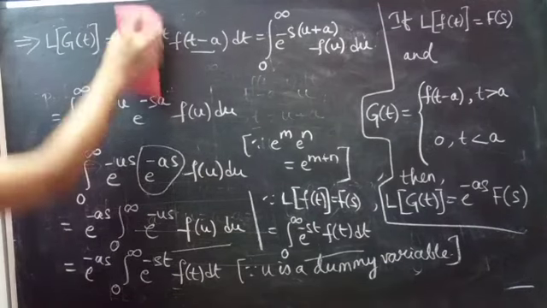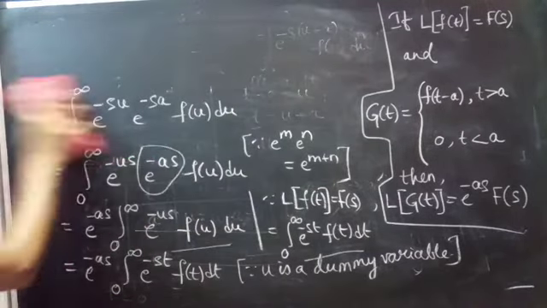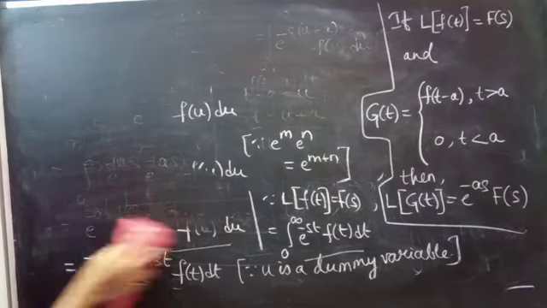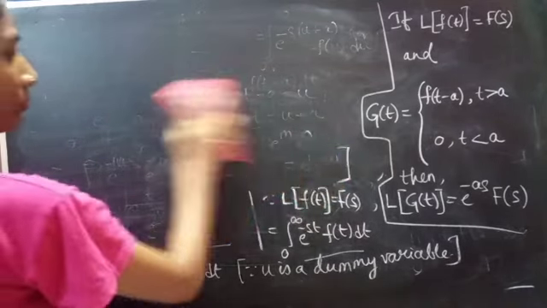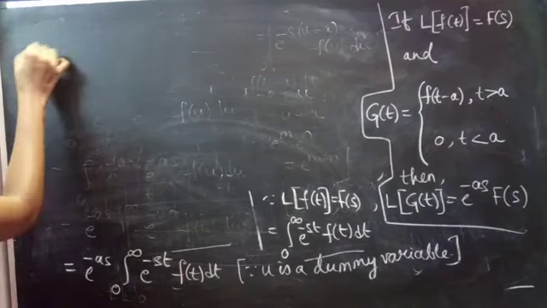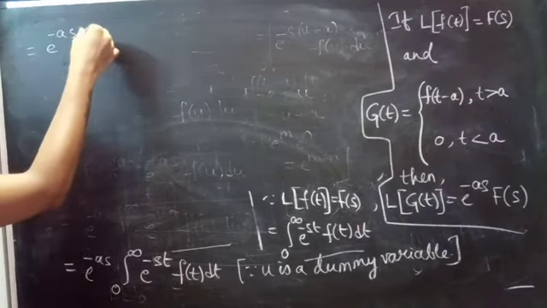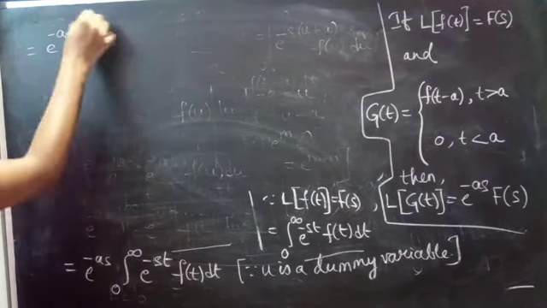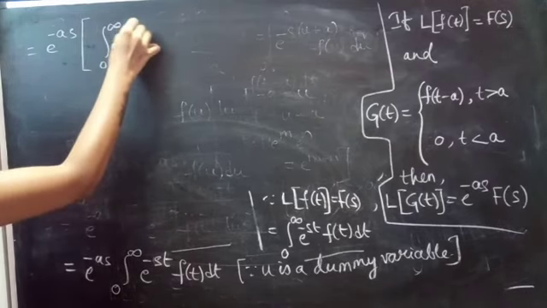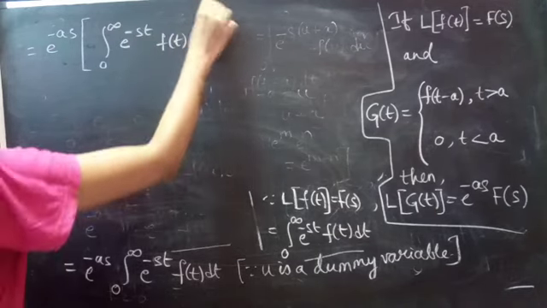So this equals e power minus as into the integral from 0 to infinity e power minus st f of t dt.